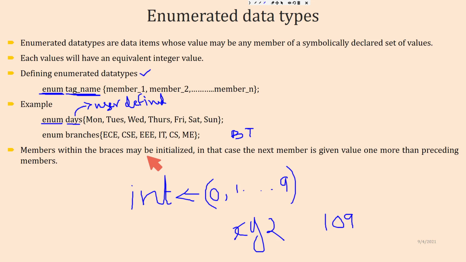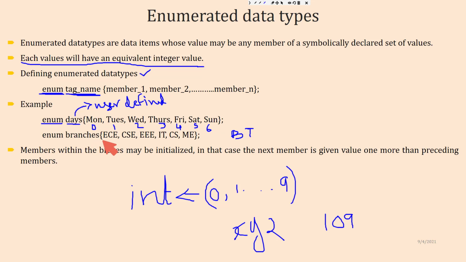Members within the braces may be initialized. One more thing we have already discussed: each value will have an equivalent integer value. So the default value of Monday will be 0, Tuesday will be 1, then 2, 3, 4, 5, 6.